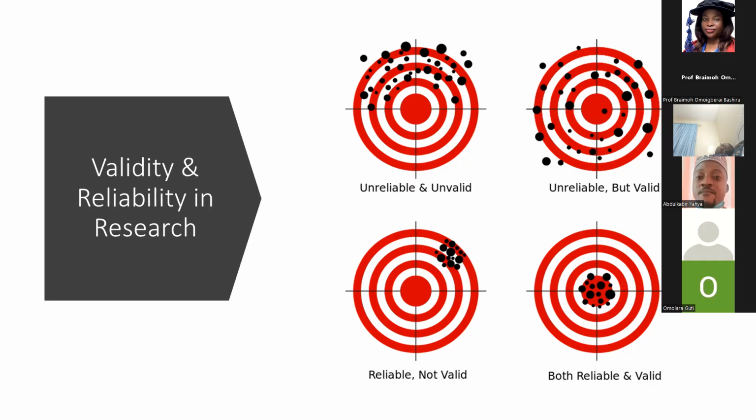This graph here is kind of like a bull's eye. If you throw darts, or if you know anything about throwing darts, you would remember that the focus is on getting to the bull's eye, this red dot right in the middle. So research needs to get to the bullseye.